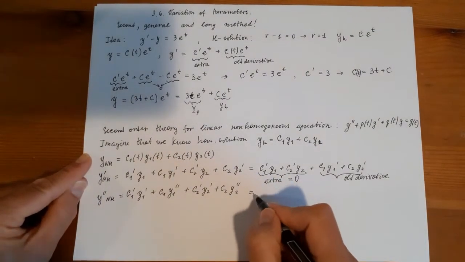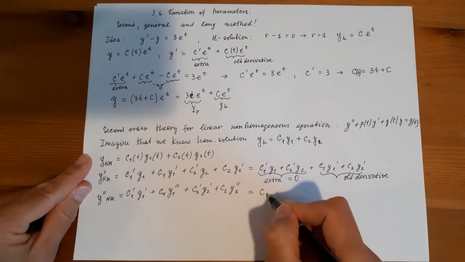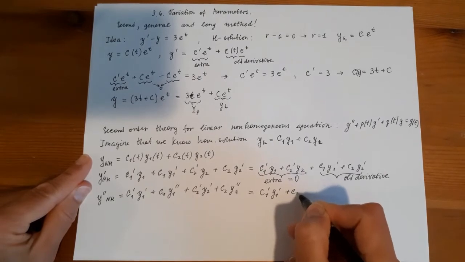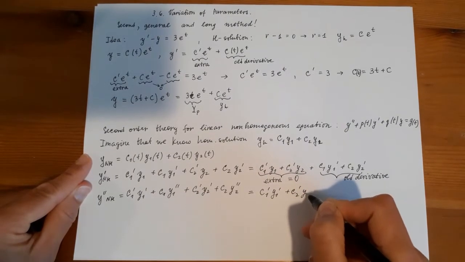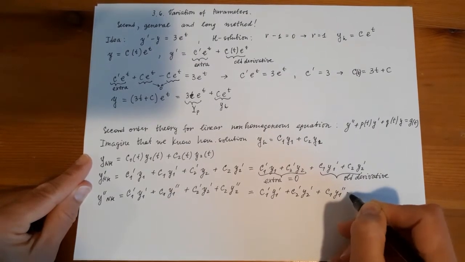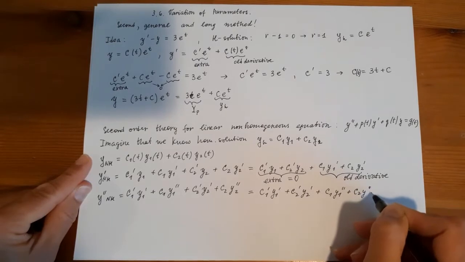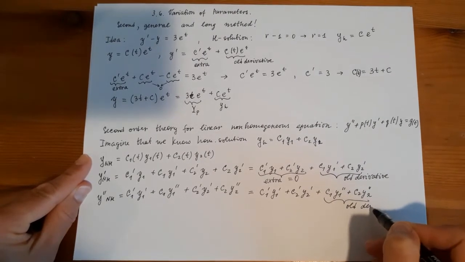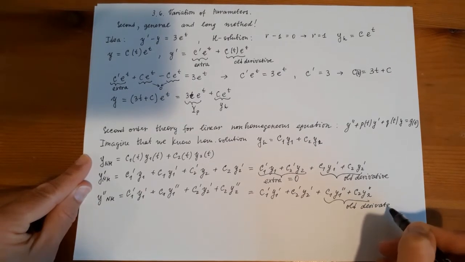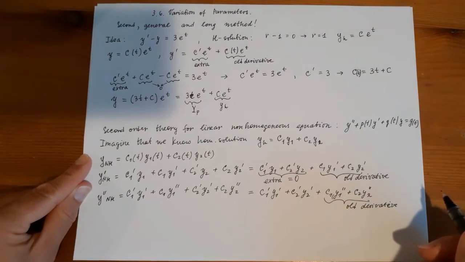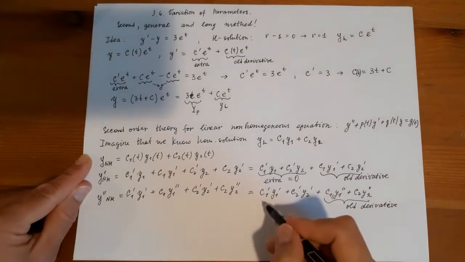Again, I'm going to do the same operation: combine together terms with derivatives of the parameters and terms which look like the old derivative. So this looks like the old derivative. If you don't write down t next to c, it's going to look exactly like the old derivative, just the derivative of the function only, right? This looks like extra.